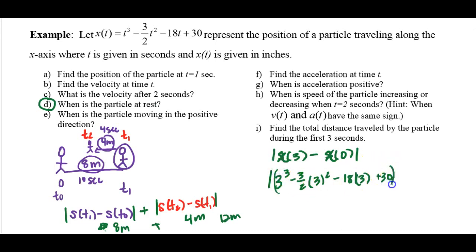And that whole quantity minus substituting in 0. But that's kind of nice. If you plug in zeros everywhere for the t's, it's just really going to be minus 30. So this quantity is the absolute value of negative 40.5, which is just positive 40.5. So the total distance traveled is 40.5 inches during the first 3 seconds.